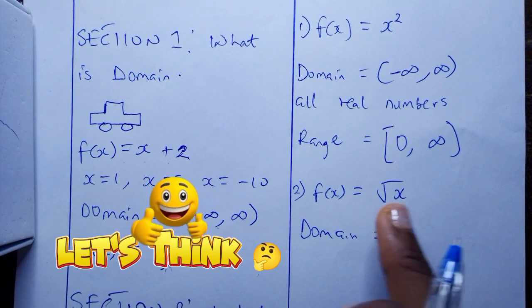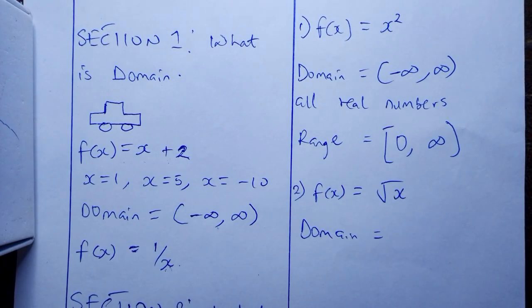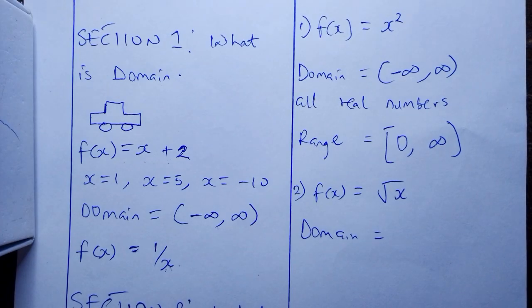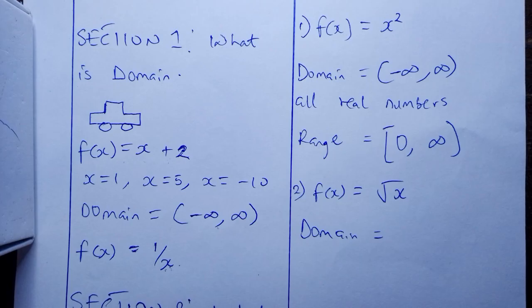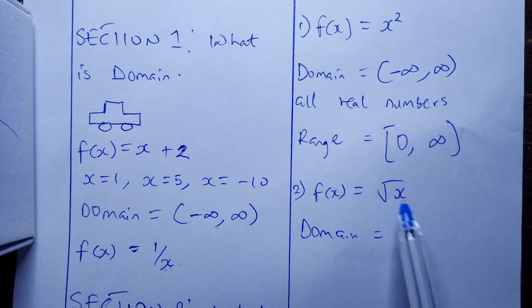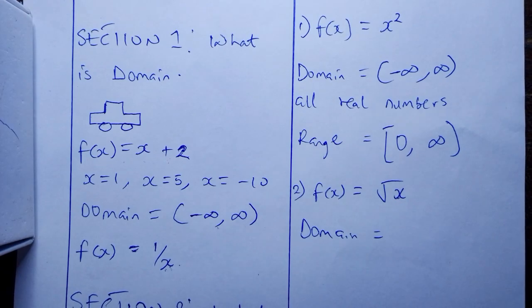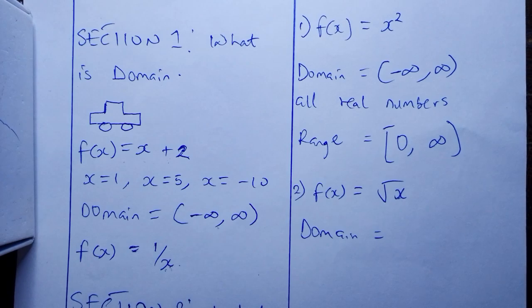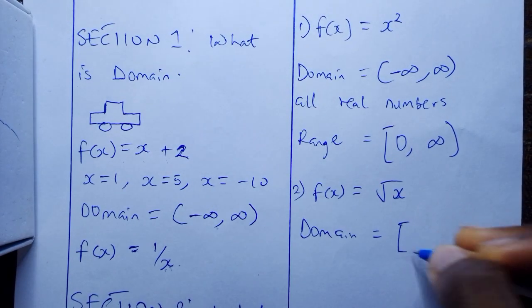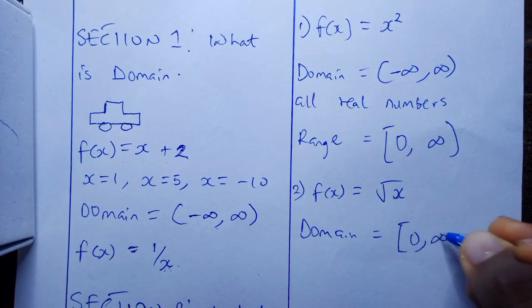But if you put minus 2 or minus 4 or a negative of any number, you have a wrong function. If you punch it into your calculator, square root of any negative can't work. It gives you a complex number. So our input, which is our x here, cannot be any negative number. It has to be non-negative. Therefore our domain for this particular function is from 0 to positive infinity.